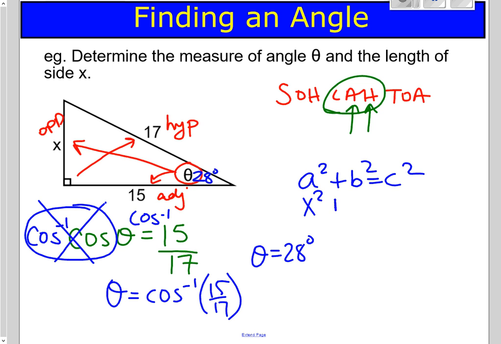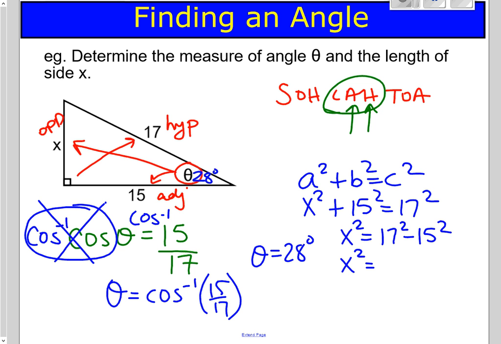So x squared plus 15 squared equals 17 squared. X squared equals 17 squared minus 15 squared, which is 64. So x equals 8 when I take the square root of each side.